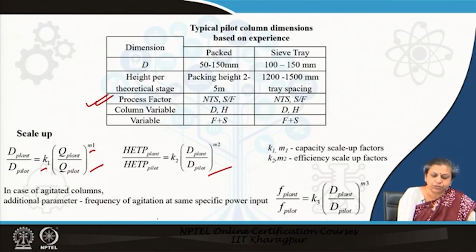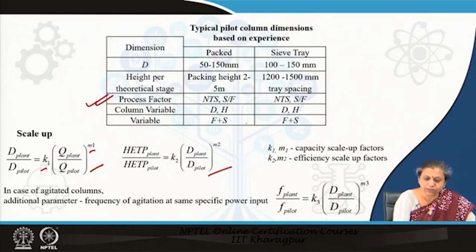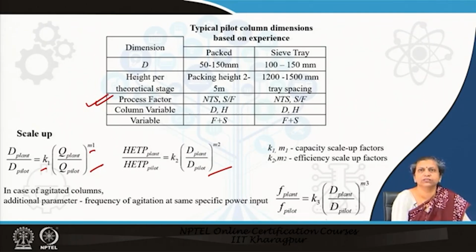Here I have put down the typical dimensions and also the process factors and the column variables. So, all these things have been put up. There are pilot column dimensions available for agitated contactors as well. Since we will not be dealing much with agitated contactors, I have not included them in this particular table.